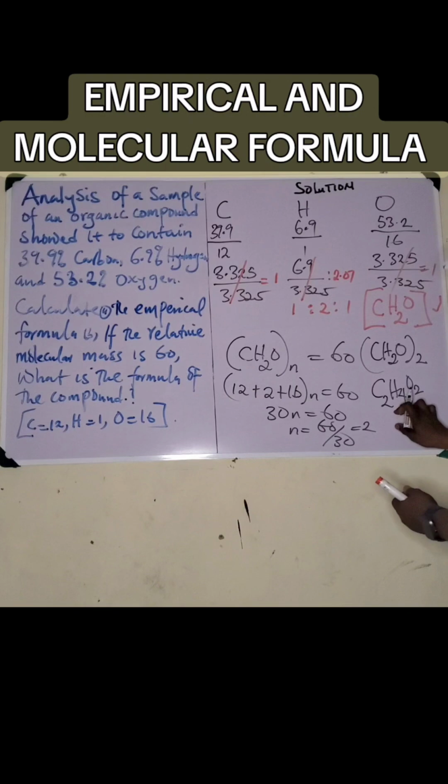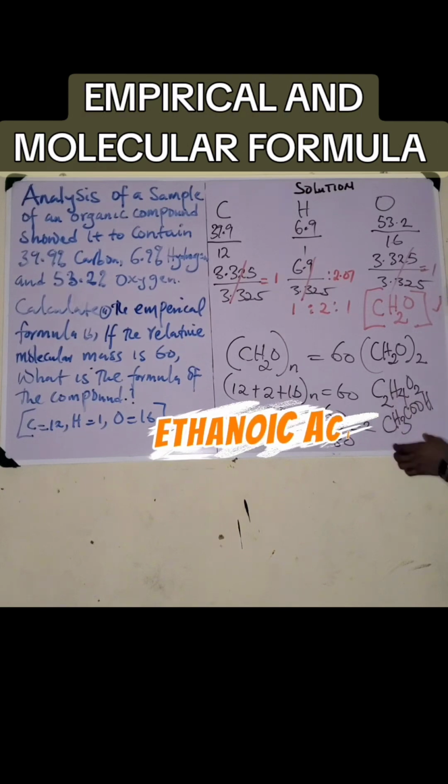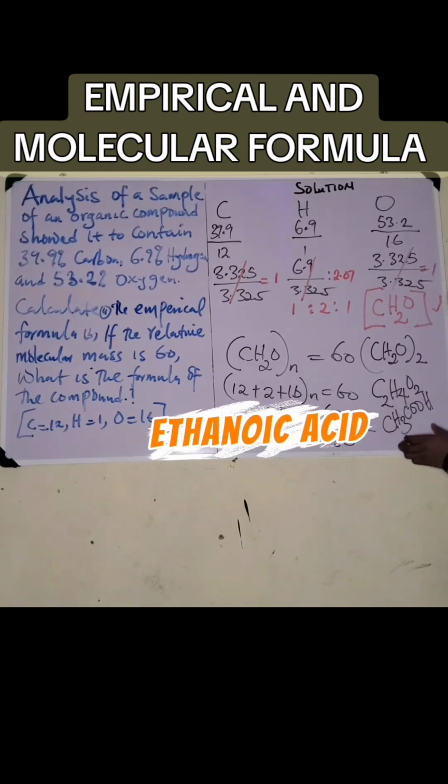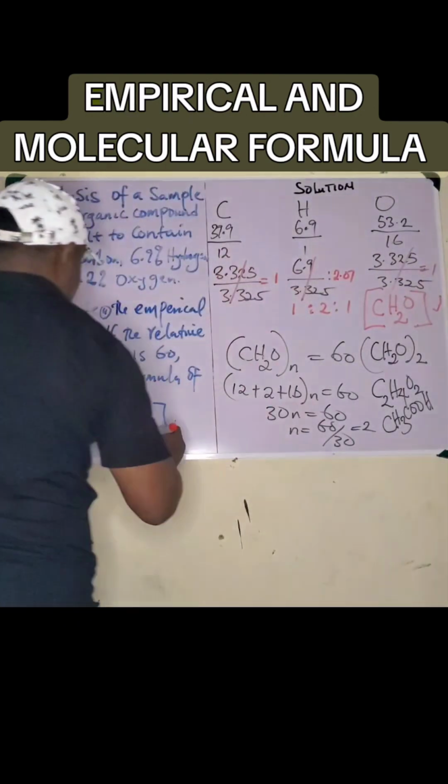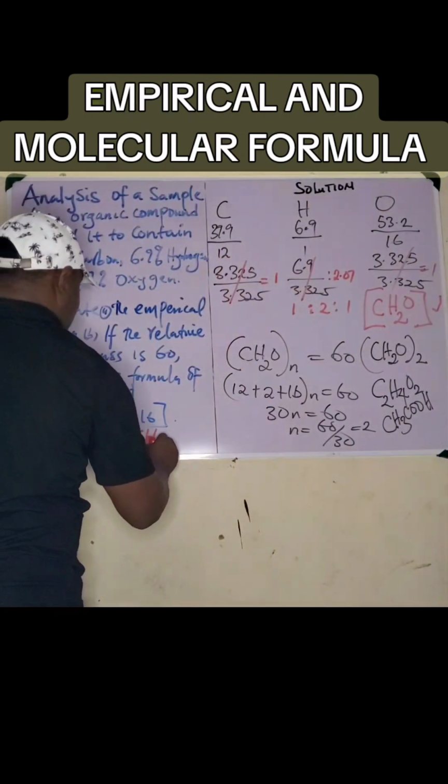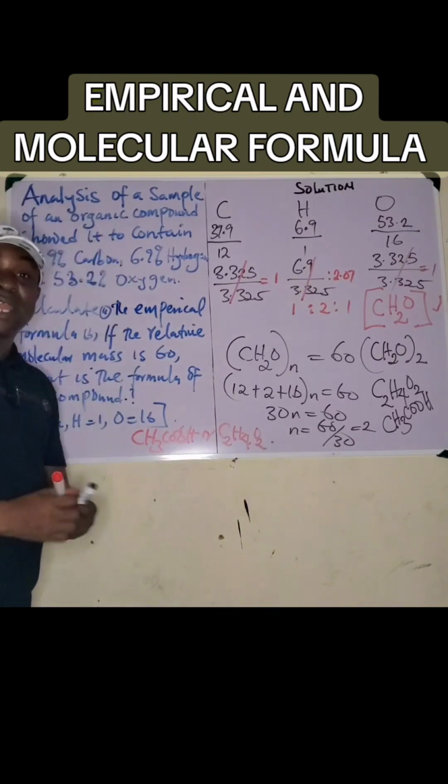If you check this compound, we have CH3COOH. This is ethanoic acid. 2 atoms of carbon, 4 atoms of hydrogen, and 2 atoms of oxygen. So the molecular formula of the compound is C2H4O2, and this is the final answer.